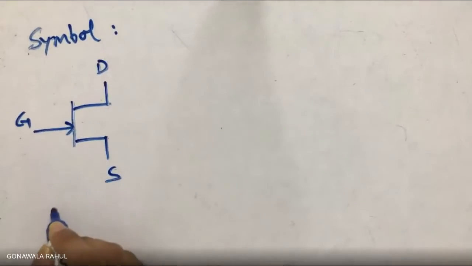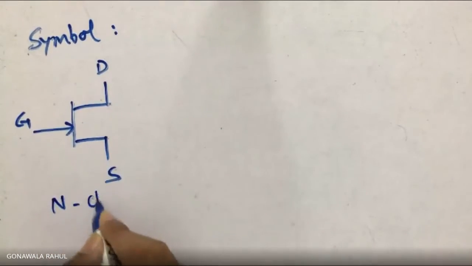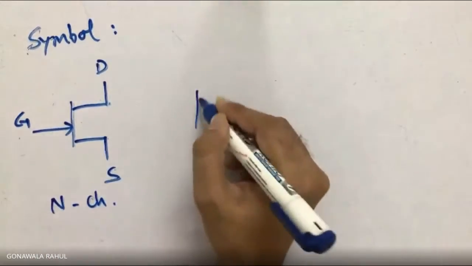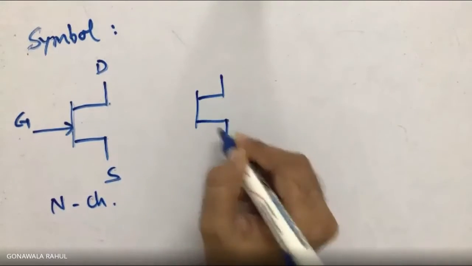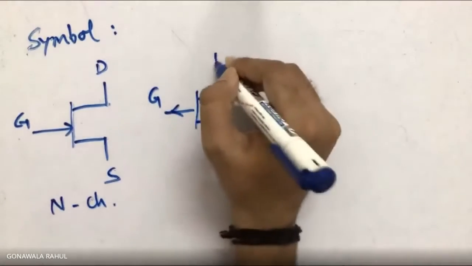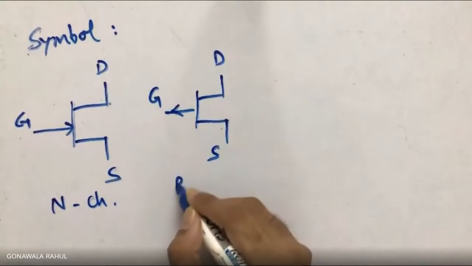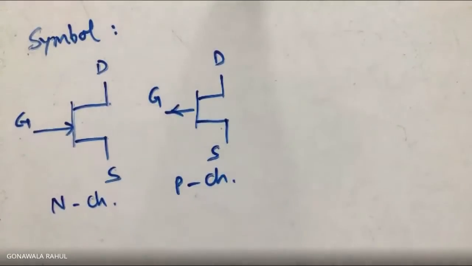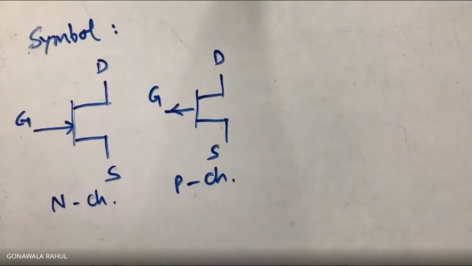This is for n channel JFET, and this is for p channel JFET. So these are the symbols used for n channel JFET and p channel JFET.